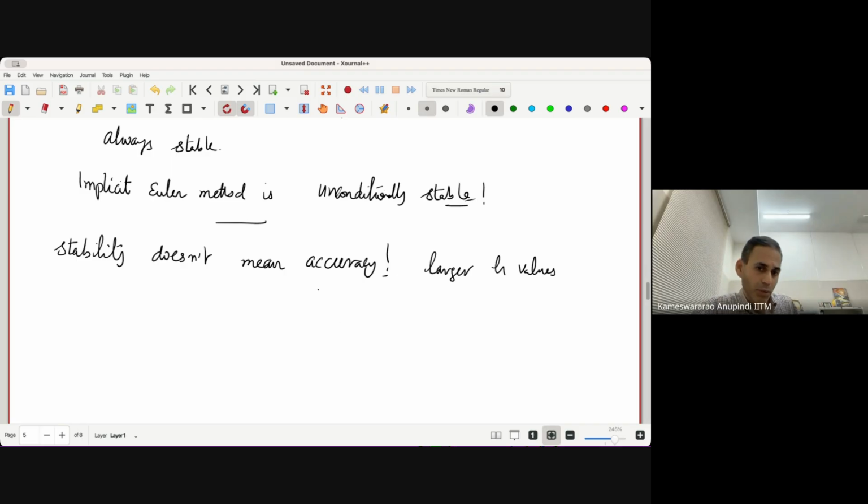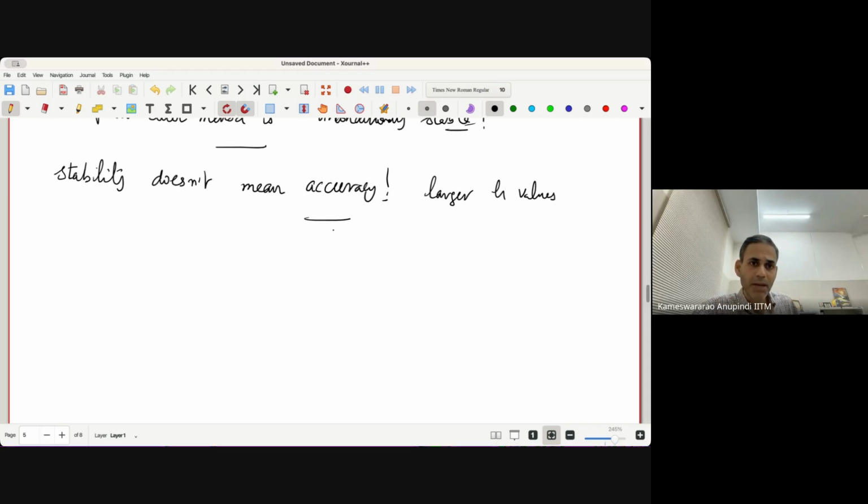So let us try to look at this with the same example problem we have done before for the explicit Euler. Let us look at an example problem, and let us take pretty much the same values. So we have y prime plus 0.5y equals 0, and y at t equals 0 equals 1.